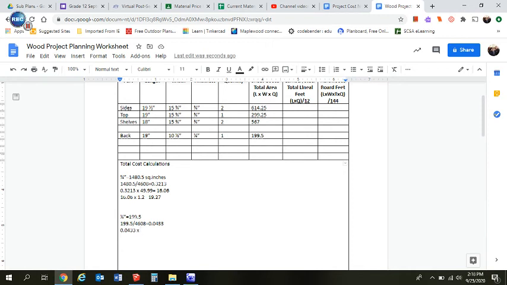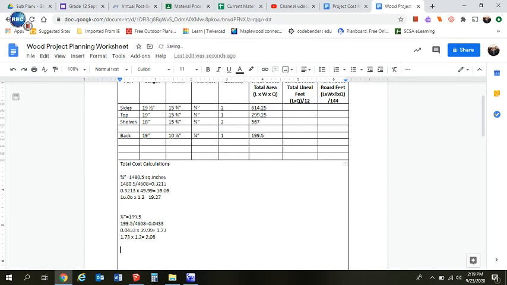So 0.0433 times 39.99 equals $1.73. Now we're going to take that and times it by, you're right, 1.2. So 1.73 times 1.2 for our scrap equals $2.08.